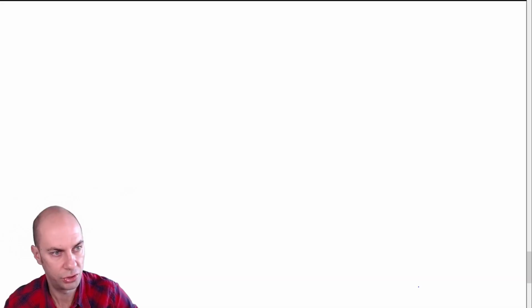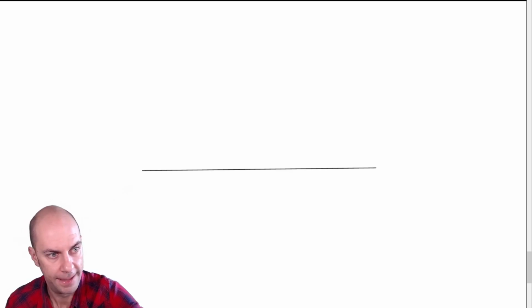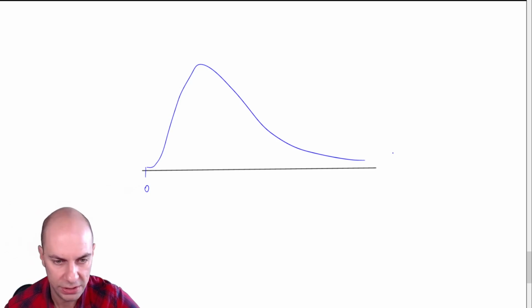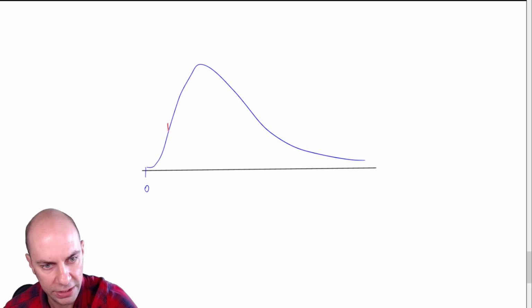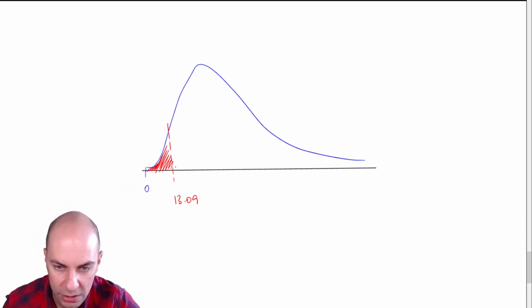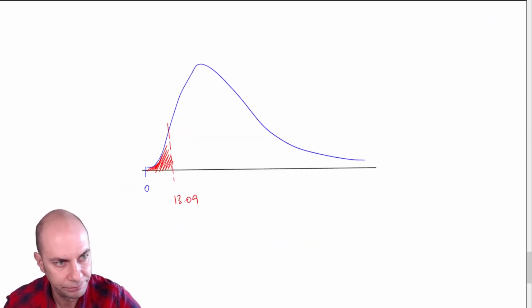And now we can go on the diagrams and just show that. So if I just go here, obviously this isn't going to be symmetrical. Chi-squared is a squared number, so it's going to start at 0 and it won't be symmetrical like the normal distribution. But the point is that we have the critical at 13.09, so that is determining our rejection tail, and our computed value was greater than that at 16.23.